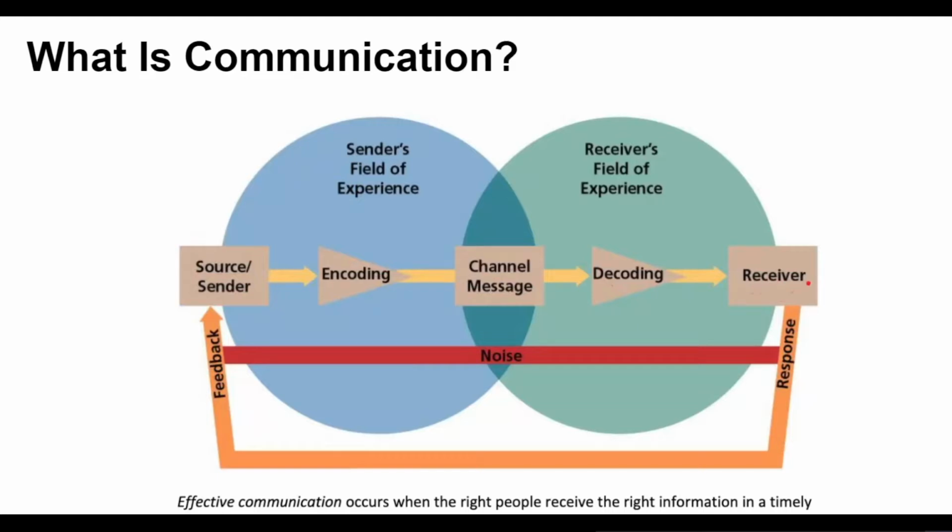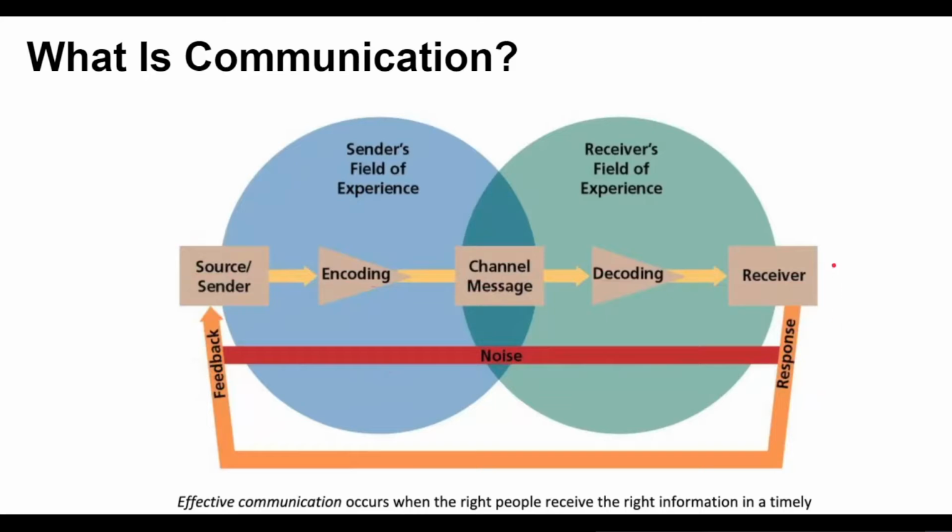Now, that process seems pretty straightforward. Here we go, the information is just flowing right through it like this. The problem is that sometimes communication is not as clear. And why isn't it as clear? Because sometimes there's something called noise in the system.